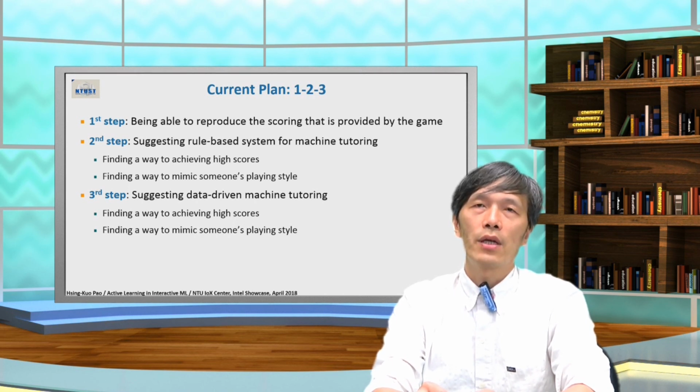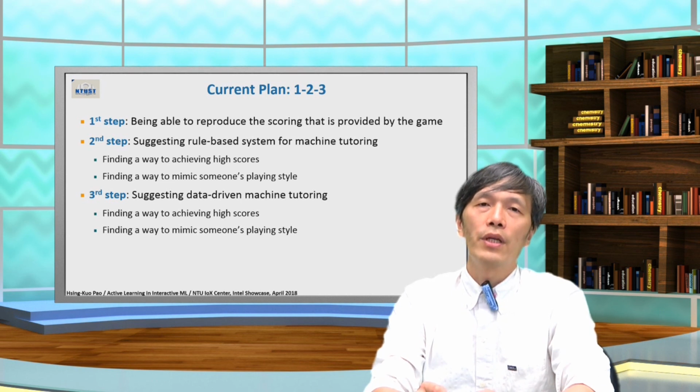We can suggest some rules for machine tutoring, such that we can tell the novices, the beginners, when they start to learn how to play this game, what they should put more focus on or what they should do more exercise on.